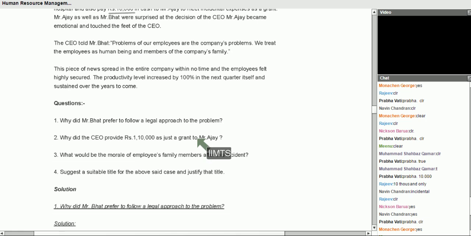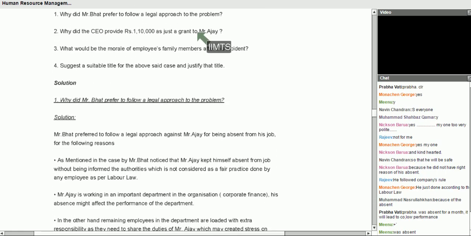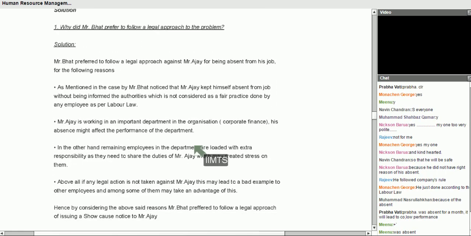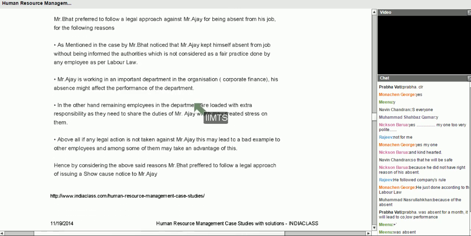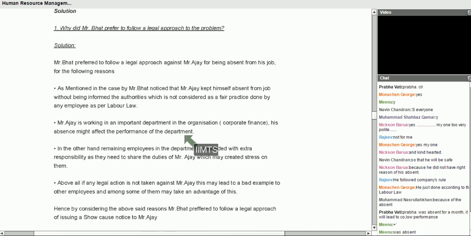Okay, next question. Let's also read the response because they have also given the answers. Mr. Bhatt preferred to follow a legal approach against Mr. Ajay for being absent from his job for the following reasons.